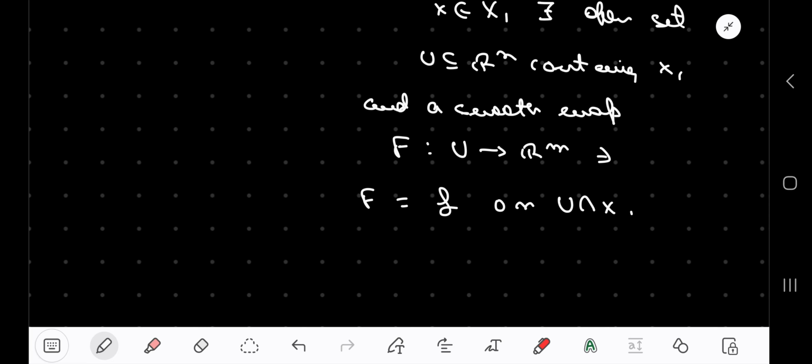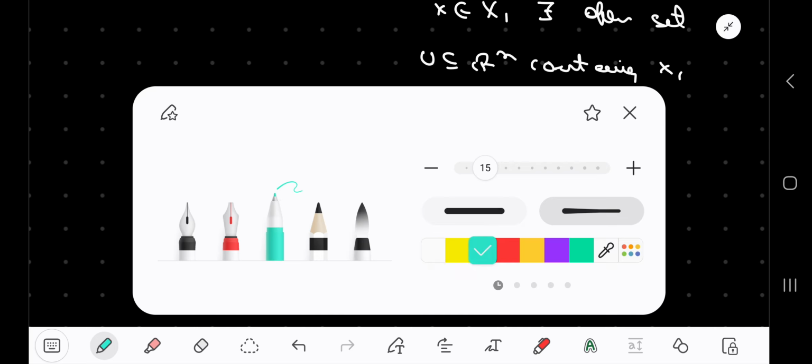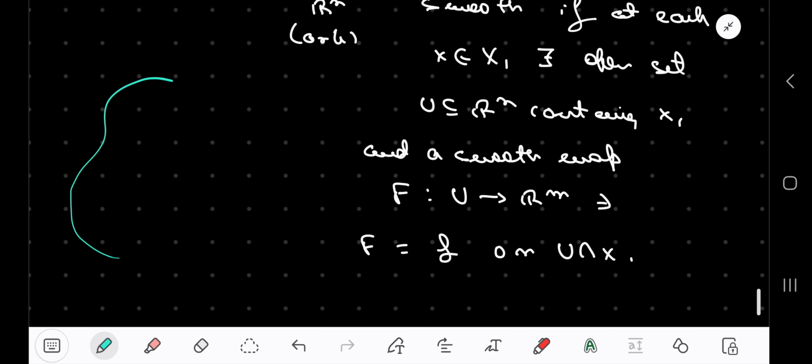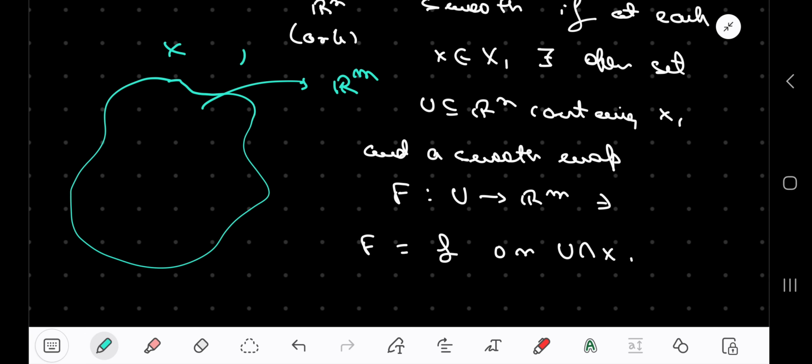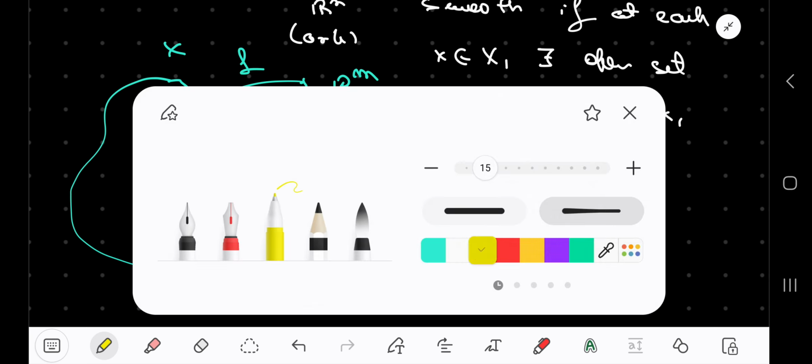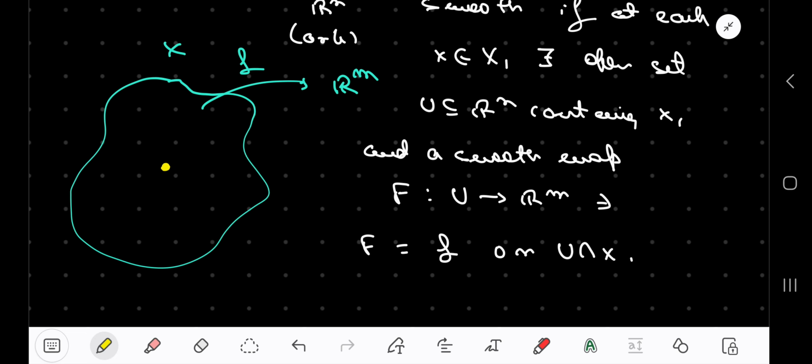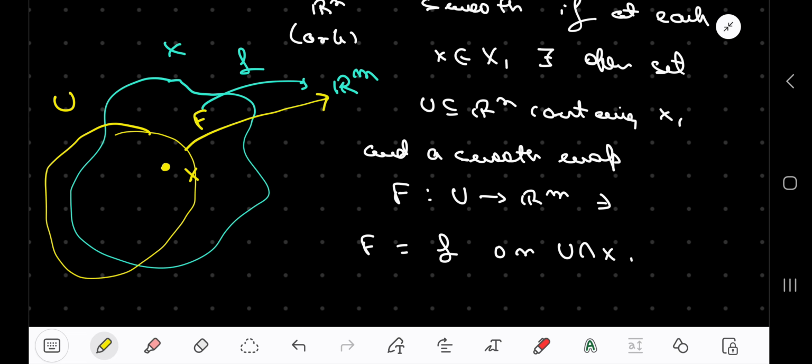Fine. So what are we actually doing here? Let's observe. Suppose this is my X, not necessarily open. I have a function small f from here to Rm. We say that small f is smooth if at every point x we can get hold of an open set U in Rn such that there exists a map capital F from U to Rm, and since U is open, we can talk about differentiability.